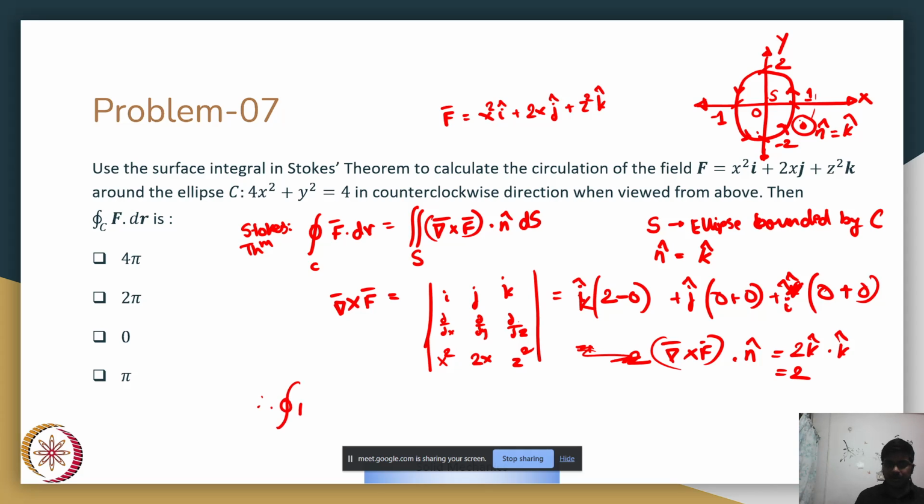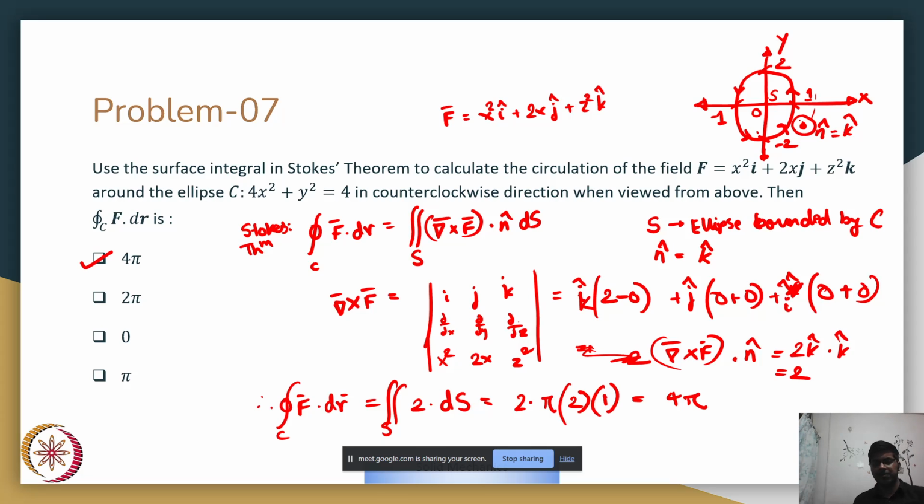Therefore, my line integral for the curve C is nothing but twice the area of the surface, which is twice the area of the ellipse, twice pi times half of the major axis, which is 2, times half of the minor axis, which is 1. It should be 4 pi. The first option itself.